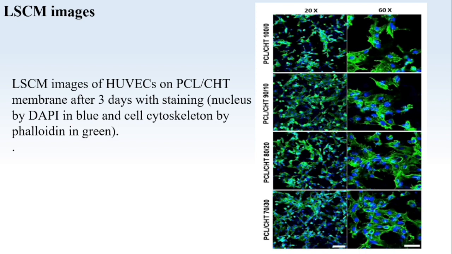At SEM magnification, cells maintain their endothelial-like morphology, particularly in PCL chitosan with ratio 80-20 and 70-30 blends. This result indicates a high biocompatibility, possibly due to their improved hydrophilicity, pore spacing, and morphology with chitosan.